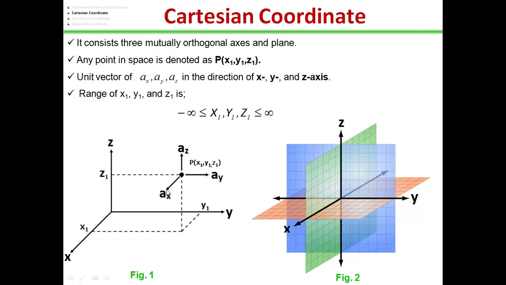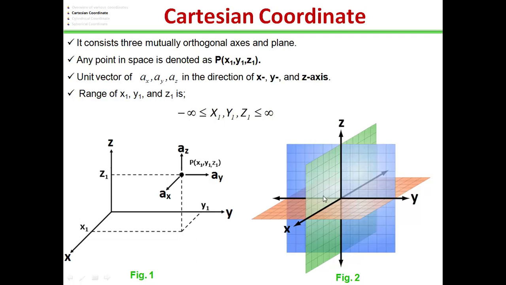So unit vector ax is along the x-axis, unit vector ay along the y-axis and unit vector az along the z-axis. So what will be the range of x1, y1 and z1? In the Cartesian coordinate system, these variables may vary from minus infinity to plus infinity.